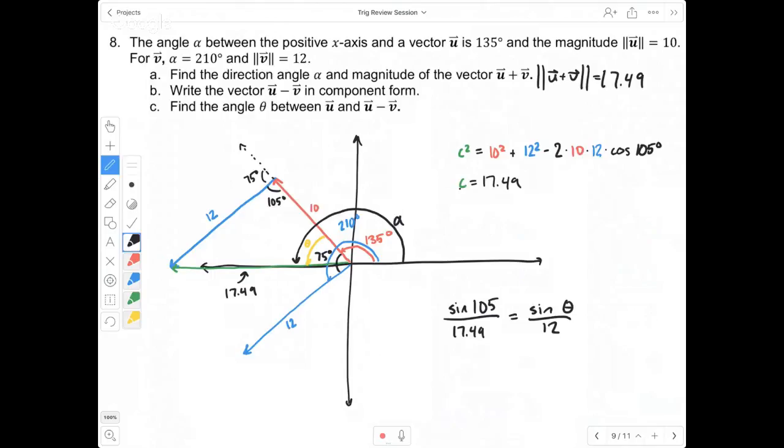So sine theta equals 12 sine 105 over 17.49, which makes theta the inverse sine of 12 sine 105 over 17.49. I'm going to need a calculator for that.